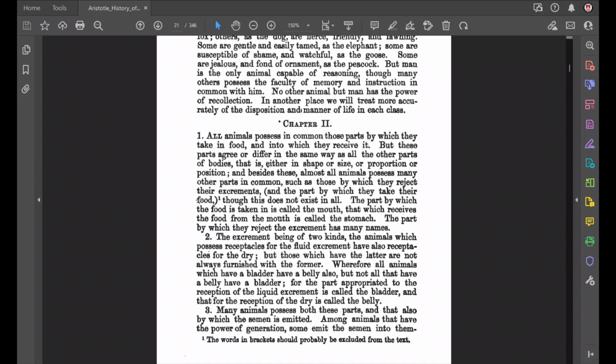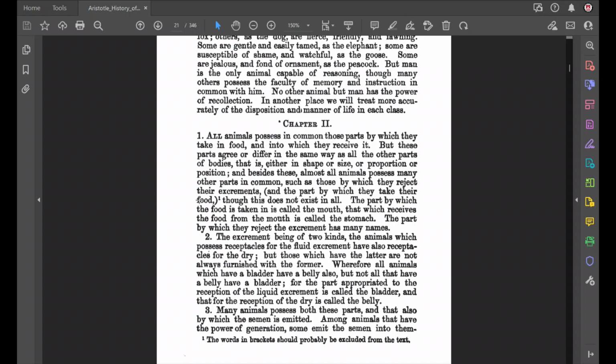Paragraph 2. The excrement, the waste of the body, being of two kinds, that is, liquid and solid, the animals which possess receptacles for the fluid excrement have also receptacles for the dry excrement.